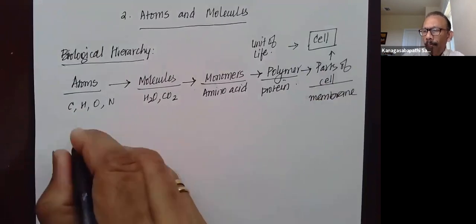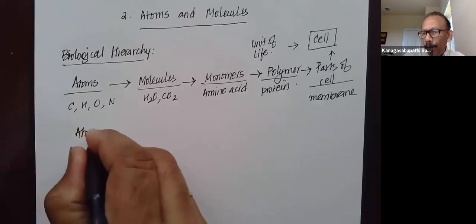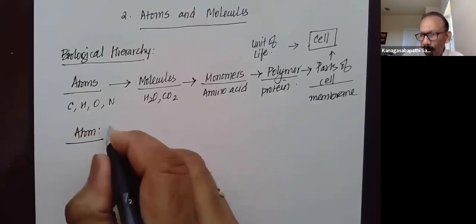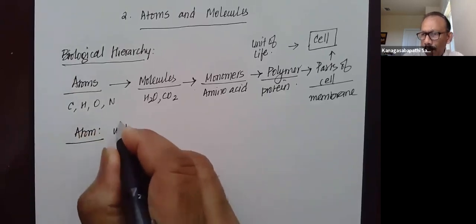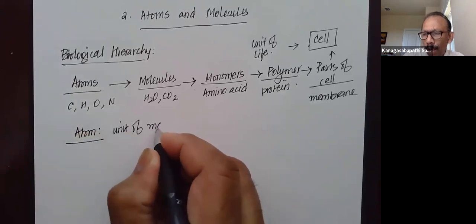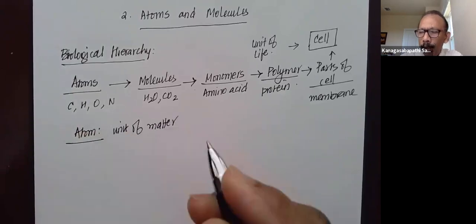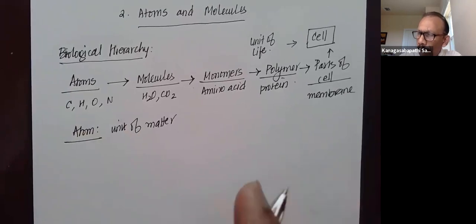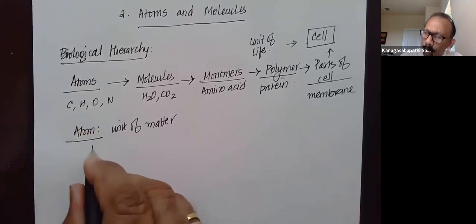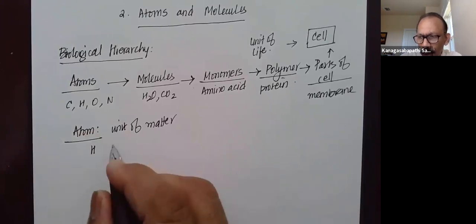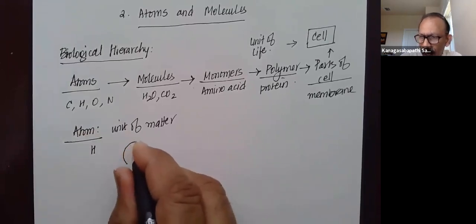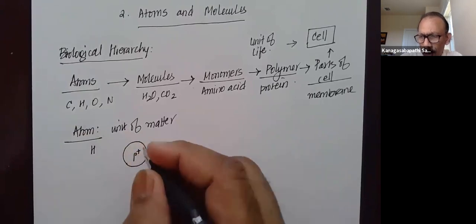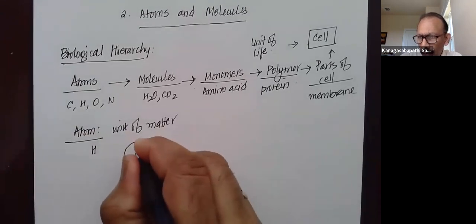Okay. If you look at the simple structure of an atom, it's a unit of matter. That's what is atom. And matter is something that takes up space and has a mass. So let's take an example of hydrogen, which has nothing but one proton in the nucleus and one electron.